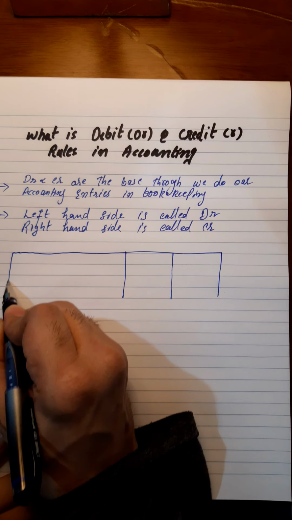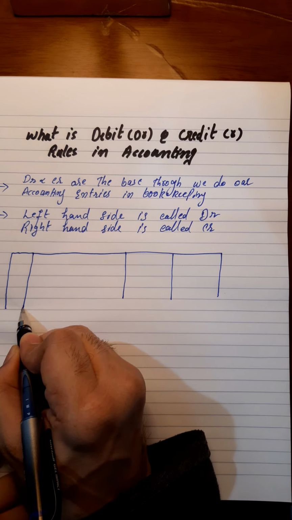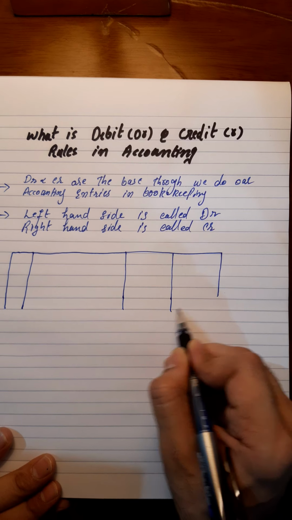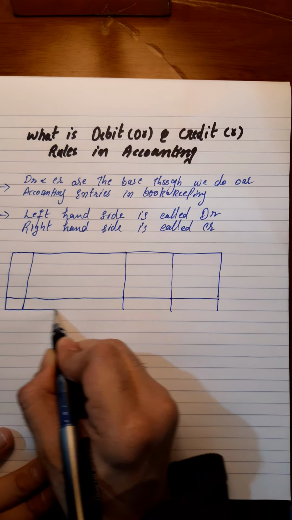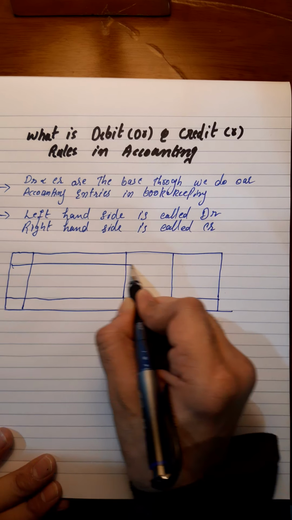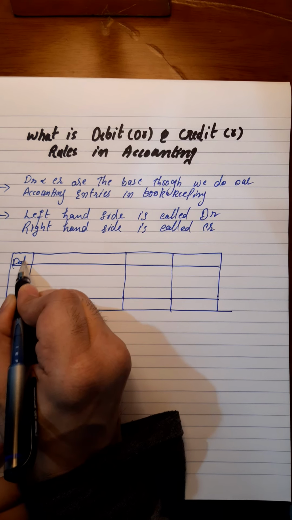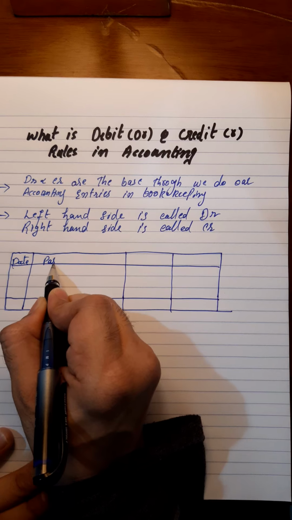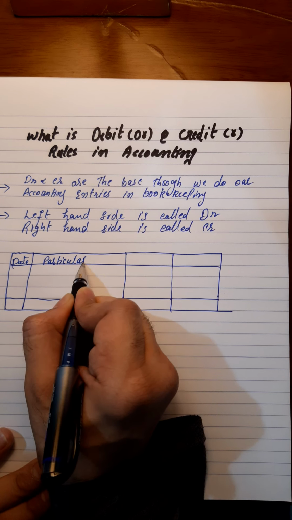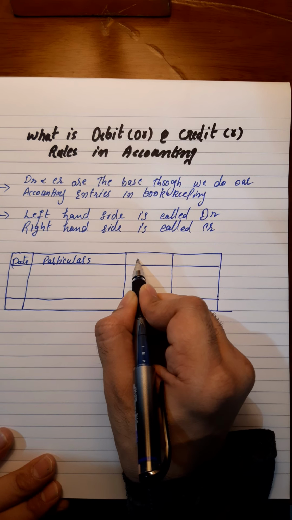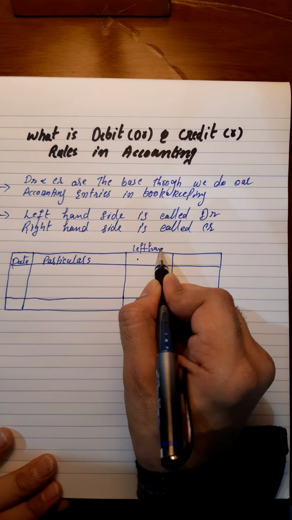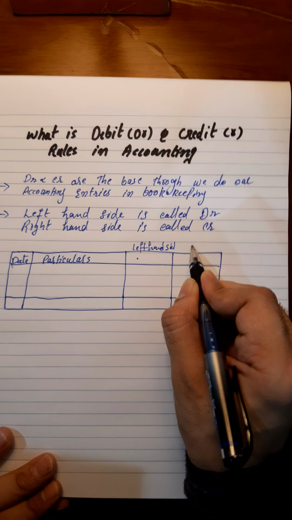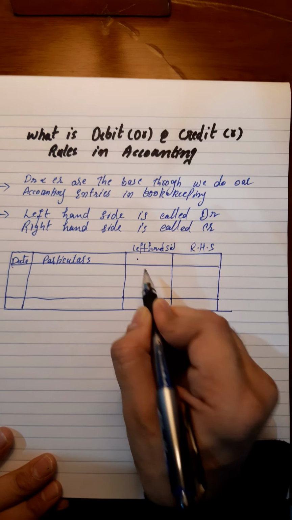Friends, this is our ledger. This ledger we use in accounting for bookkeeping. Here date, particulars. This is the left hand side and this is the right hand side.